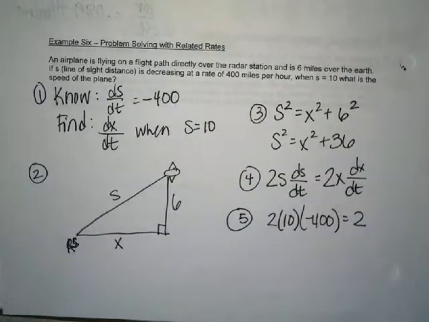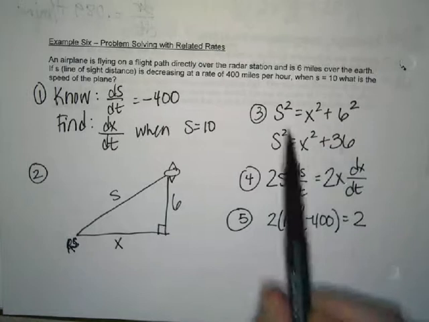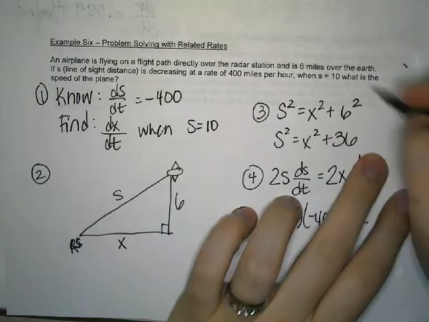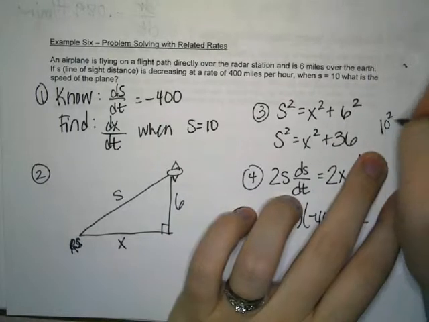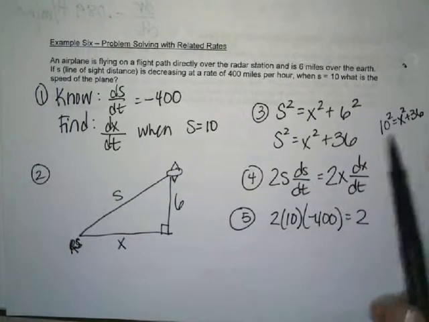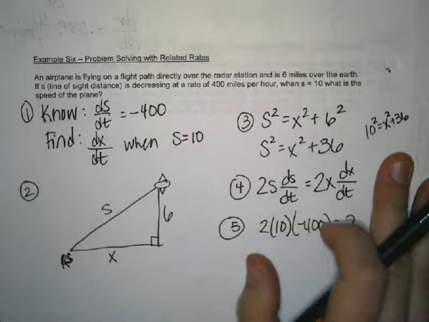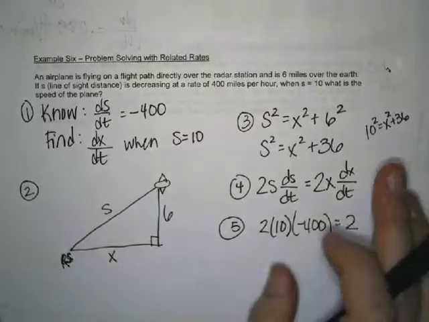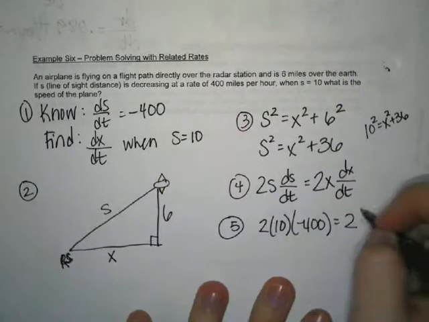Plug it into the original. What's the instant I'm looking for? When s is 10. So you have to take that instant they give you, go back to your original equation and plug it in. So it's going to be 100 minus 36, which is 64. What's the square root of 64? 8. So we're going to plug in 8.